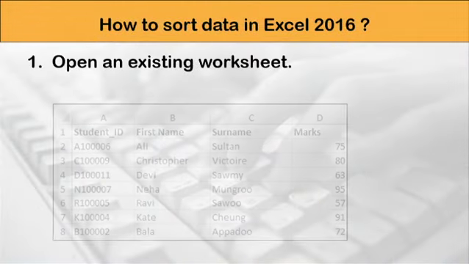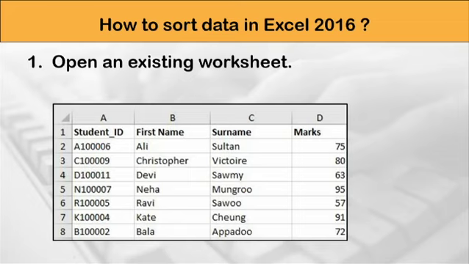For today's lesson, we are going to learn how to sort data from a worksheet containing student details. As an example, we're going to sort the list of first names alphabetically in ascending order. First, open an existing worksheet from which data will be sorted.